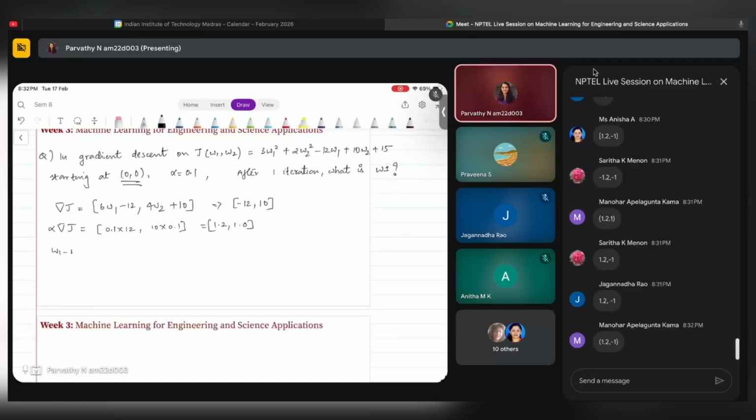Then W1 new is equal to W1 old minus alpha times the gradient of J at W1.